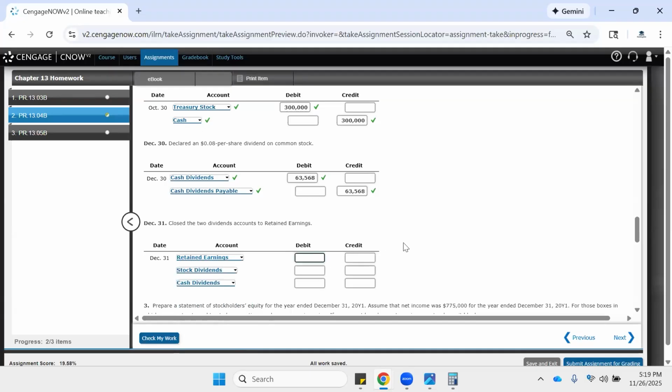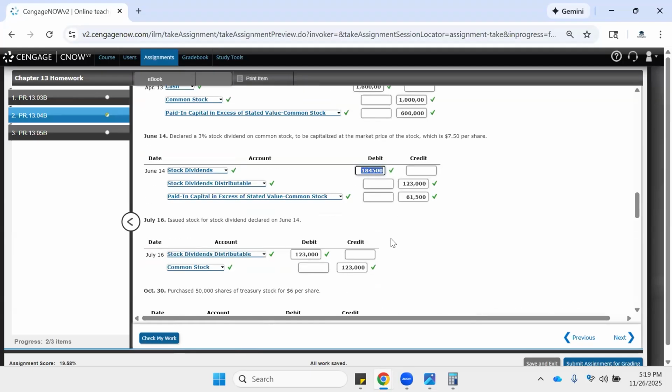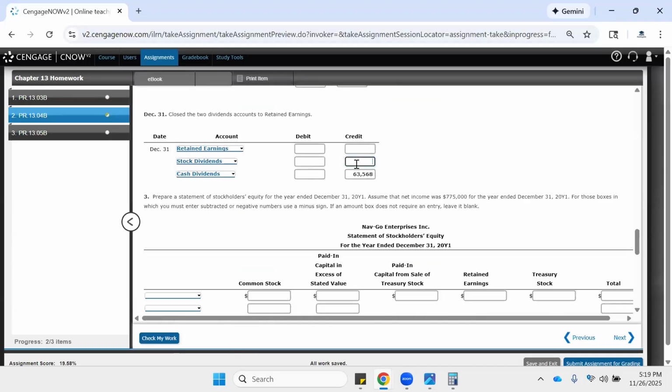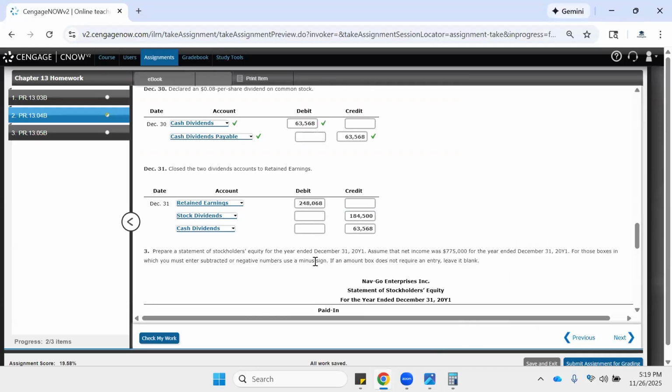To close them out to retained earnings, we need to credit them. Our stock dividend and cash dividend amounts for the year were as follows. I took them from the journal entries above. 184,500 plus 63,568 is 248,068.